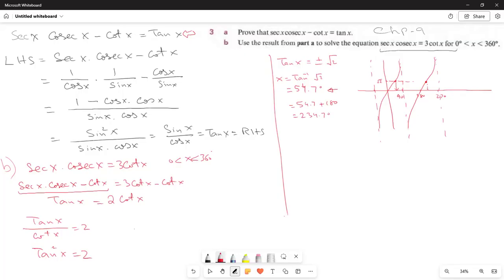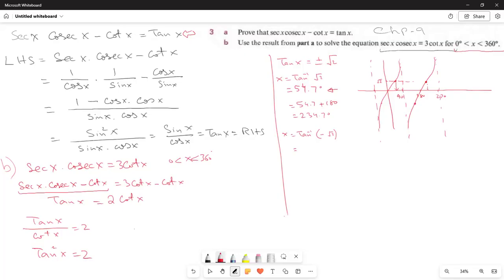Now I will solve the other part, which is x is equal to tangent inverse of negative under root 2. You can see that negative under root 2 will give this answer, but we don't want to go to here because I have to work between 0 and 360. So I will go to this answer.